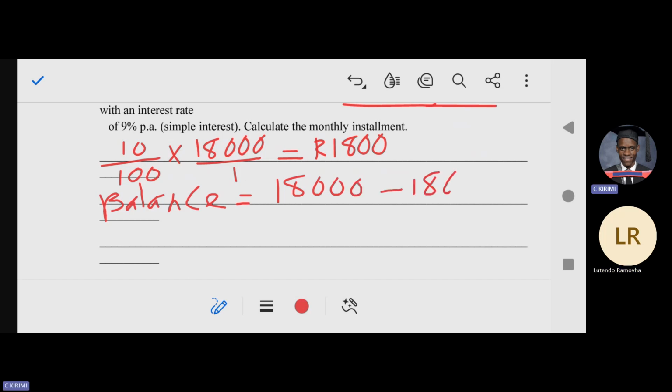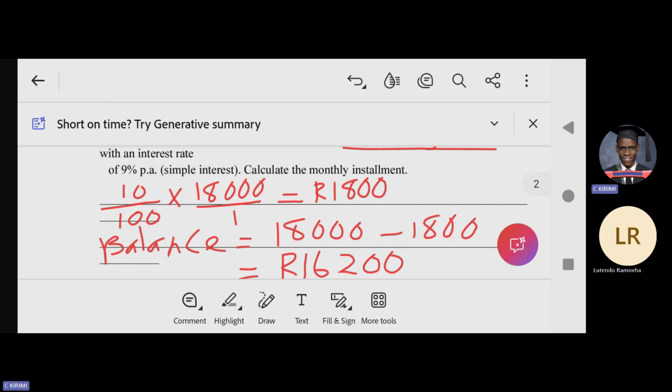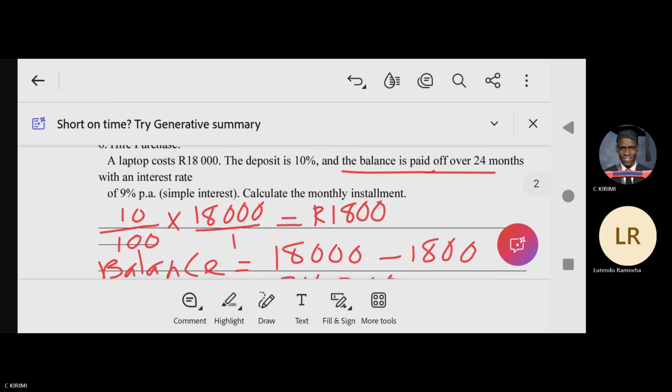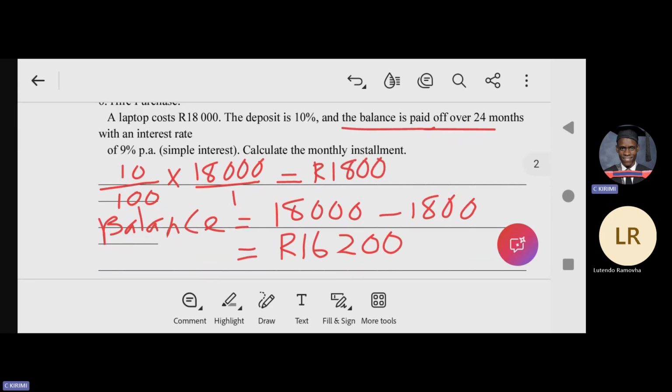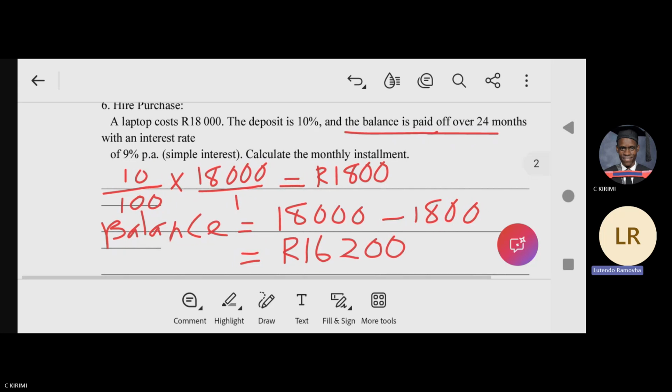What do you get as the answer? 16,200. Remember, it's money, it must have units. 16,200 rands. So this is the balance that must be paid over 24 months.